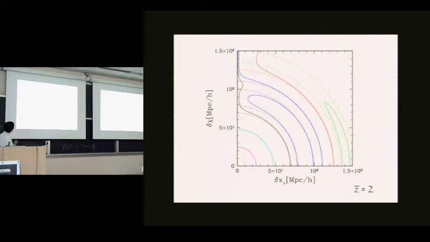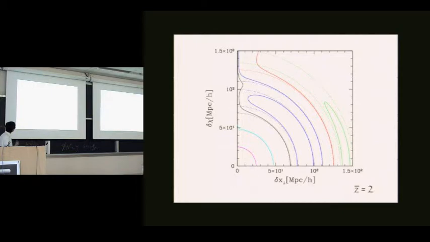The dotted curves are without this lensing effect, and also ignoring for the moment peculiar motion. In that case, the contours should be basically circularly symmetric, as they should be. And if you include this lensing effect, magnification bias, what you would see are these solid contours.